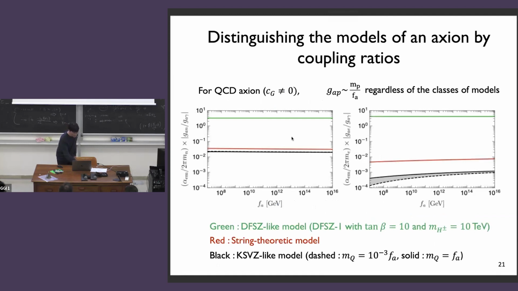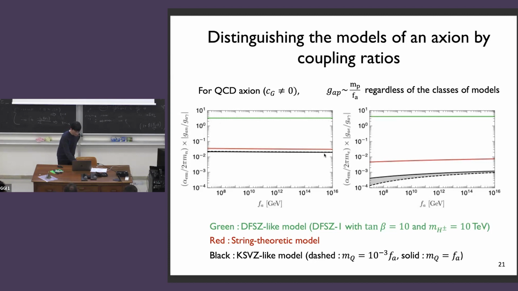First, we consider the QCD axion case, characterized by non-vanishing axion gluon coupling. Then, because axion proton coupling is dominated by axion gluon coupling, it cannot be used as a discriminator. So it shows this value regardless of the class of models. But in the case of axion neutron coupling, because this gluonic contribution is an order of magnitude smaller, we can discriminate DFSZ from the other types of UV physics.